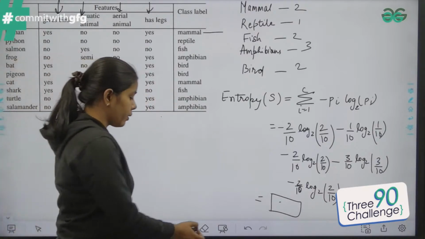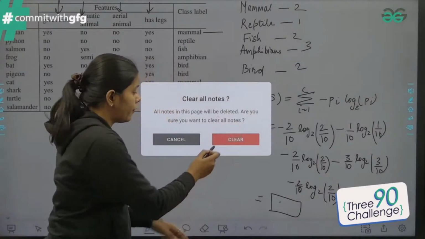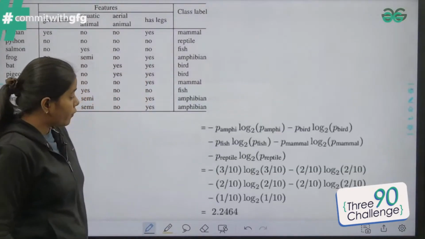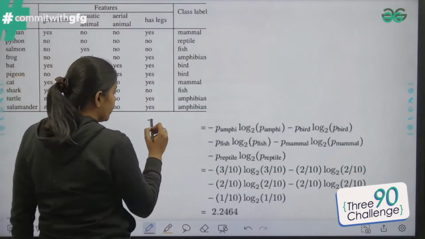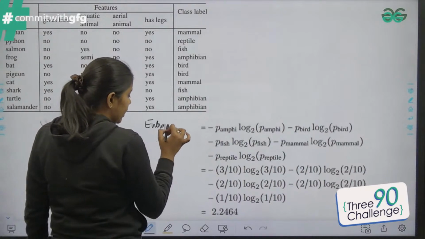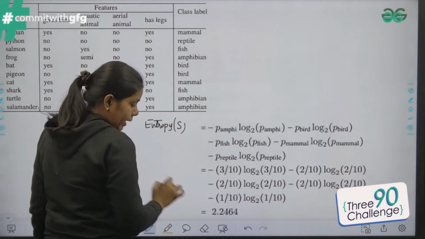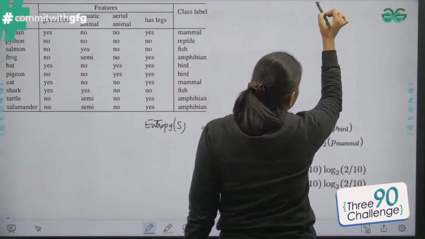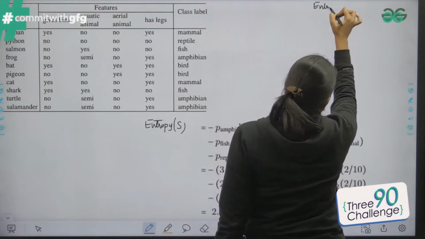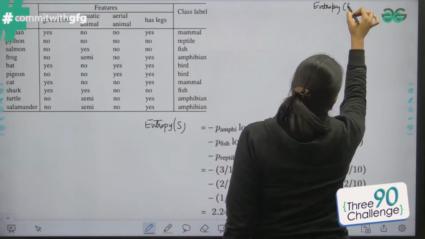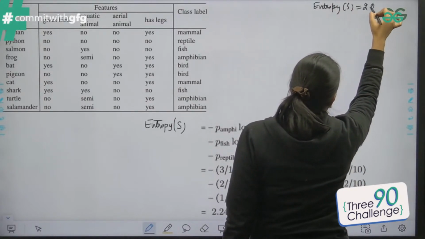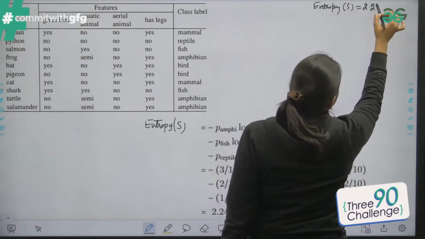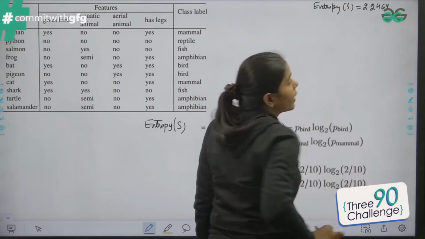So let's see how we are going to do that. First of all, I have to find the entropy of my complete data set, and I got it as 2.2464.